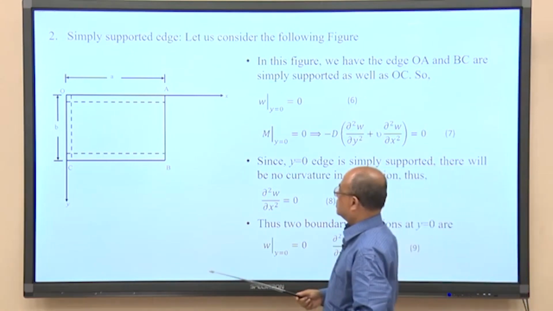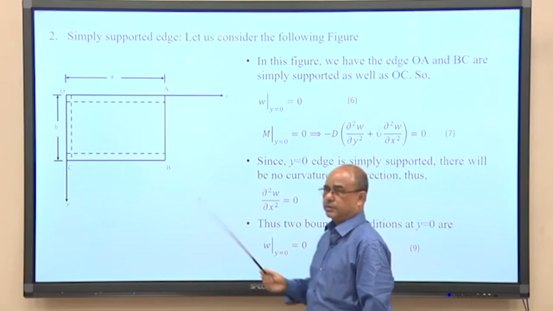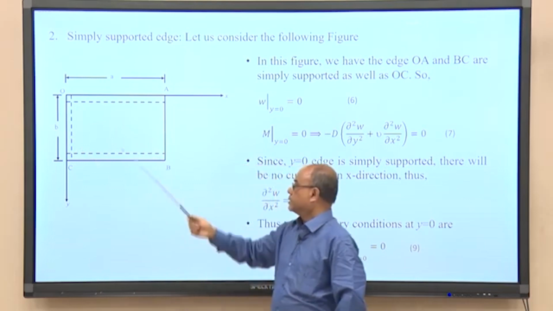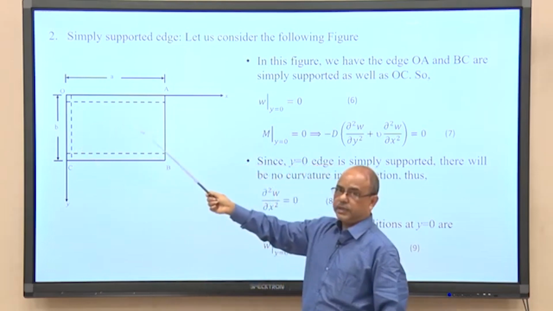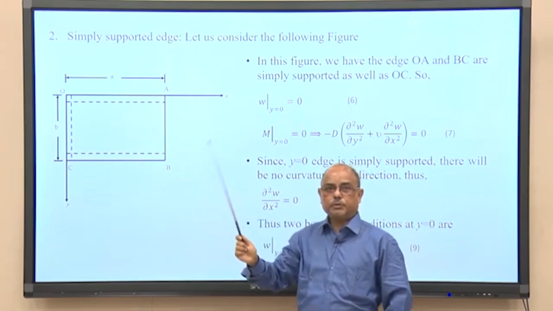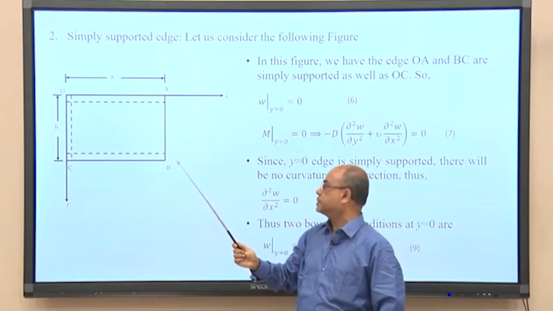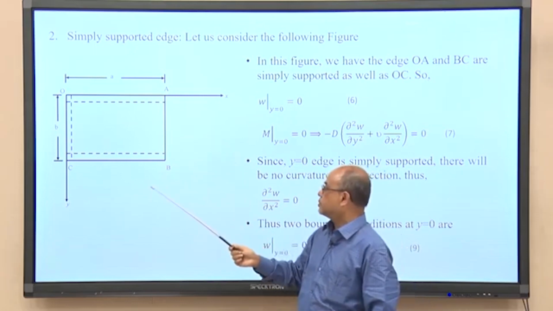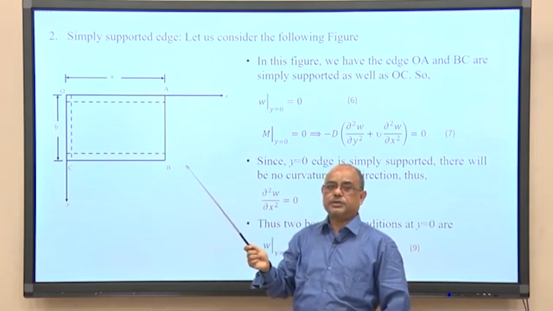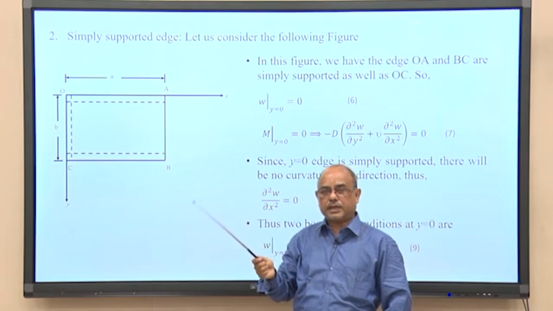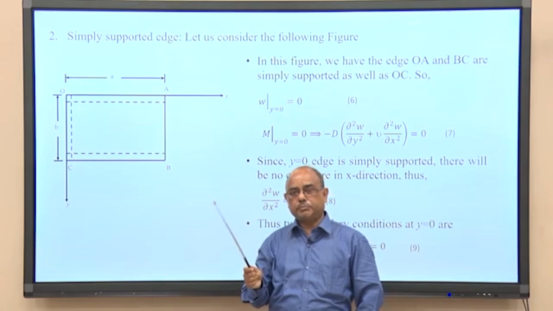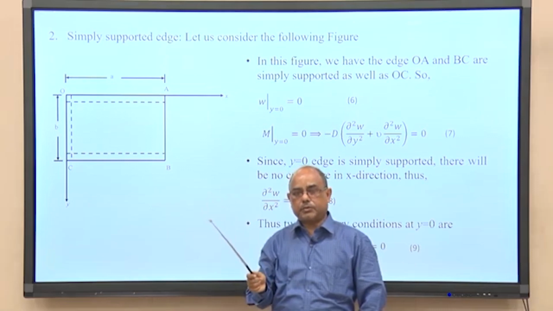Now, if I want to write the conditions for the edge OC, how will I write? OC is x is equal to 0. So, the boundary conditions at OC will be w is equal to 0, that is one condition, and the second condition will be that the bending moment along the x direction is 0. The bending moment along the x direction is minus D del square w by del x square plus mu del square w by del y square.